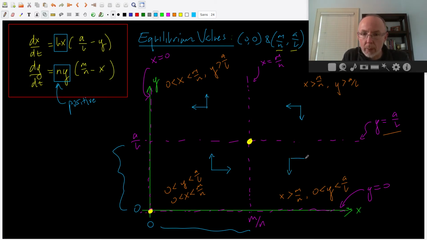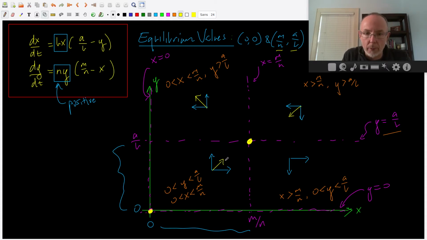X must still be going to the right because x is bigger than m over n, and y is less than a over b, and therefore this thing is positive, so x is increasing, y is decreasing. And there is our beautiful little picture, which gives us kind of overall motion, right? This one's down and to the left somehow. This is up and to the right, this is down and to the left. This is up and to the left.